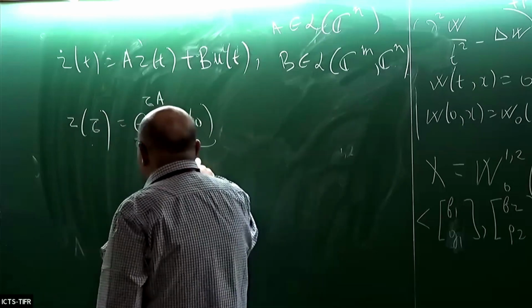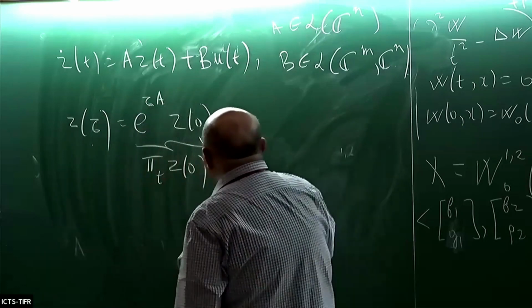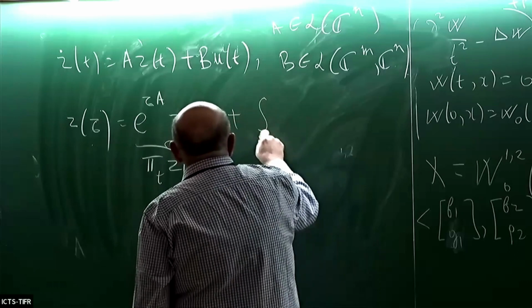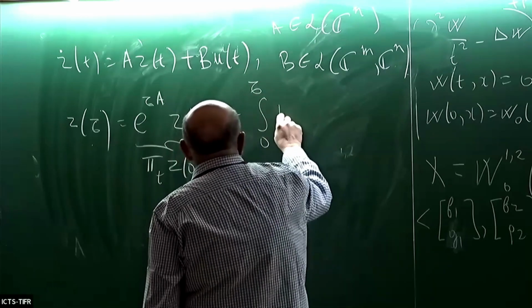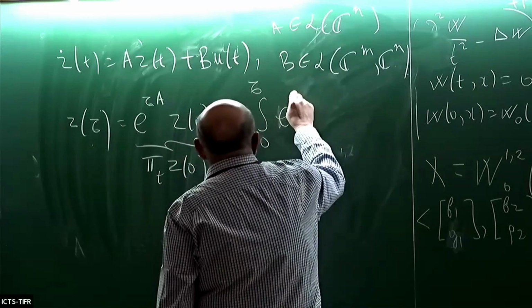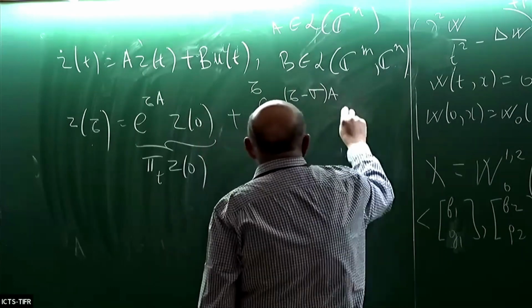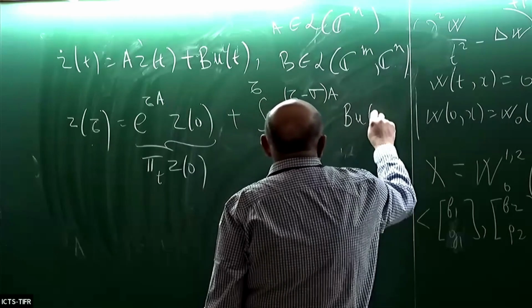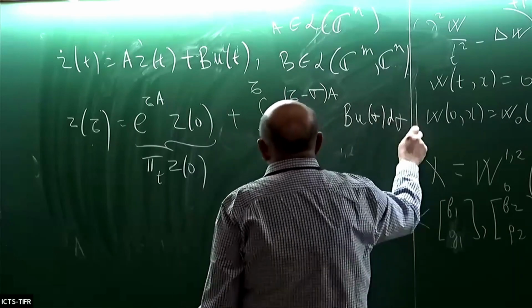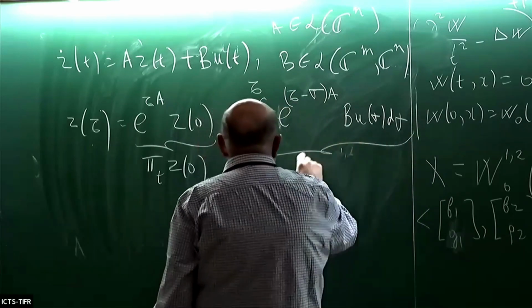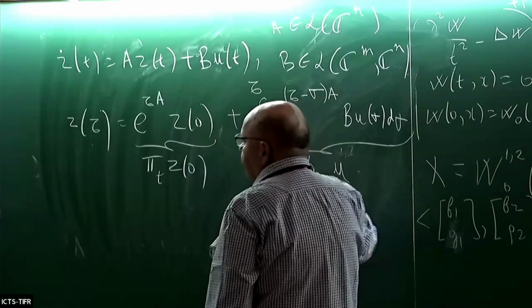It's an example of semigroup, plus the integral from 0 to tau of exponential of tau minus sigma A B U of sigma d sigma. And this we will call phi tau u.